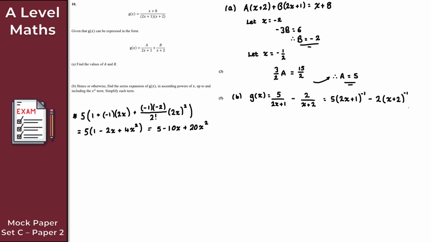Now for the next one here, a little bit more complicated because rather than it just being plus 1, it's plus 2. So we do need to factor that out. Okay. So let's just go here step by step. So we've got 2 bracket x plus 2, the minus 1 here. I don't know why I've written this out over here, but we'll continue anyway, just because I do need to factor out the 2.